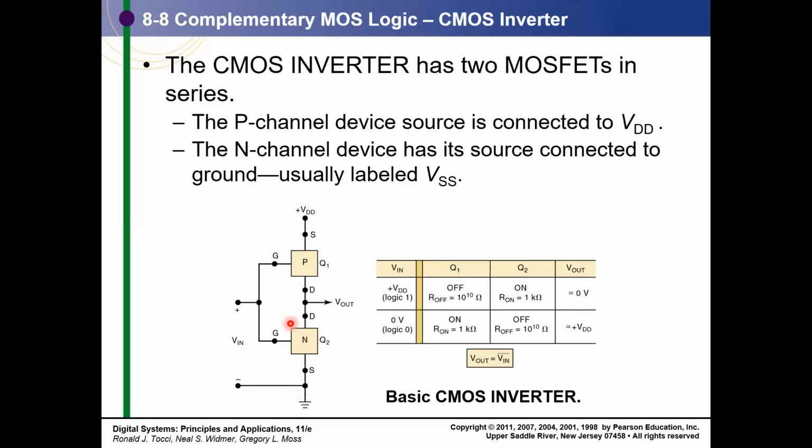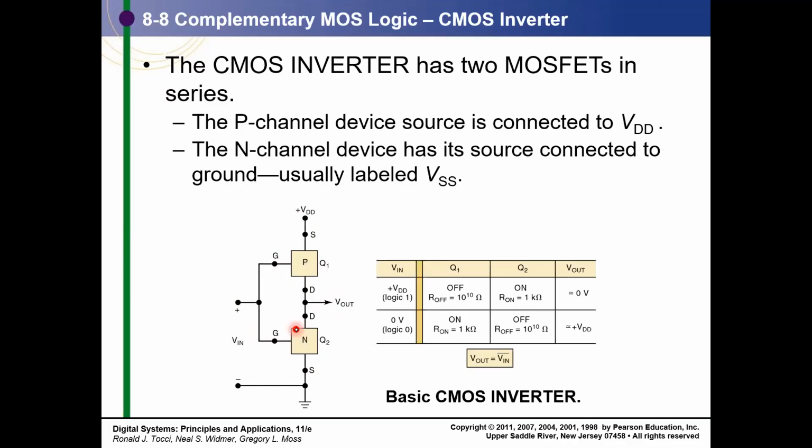So you always make the N network the lower network between output and ground, and the P network between VDD and output. Whatever inputs you have at the gate, they all go to the P network and to the N network. This is the basic structure of any CMOS gate.